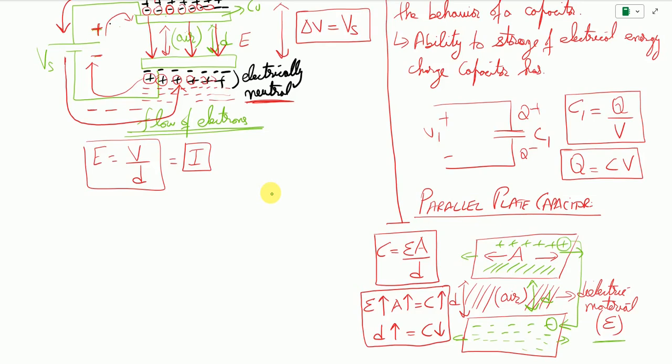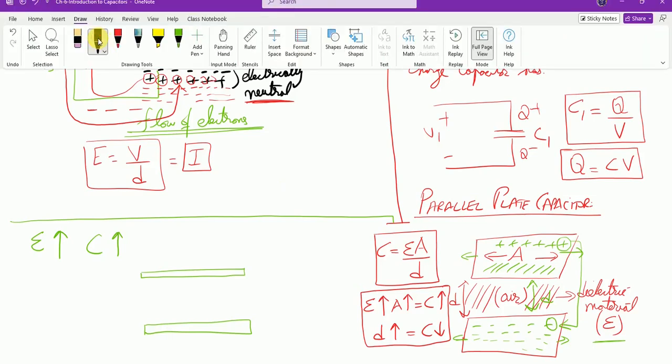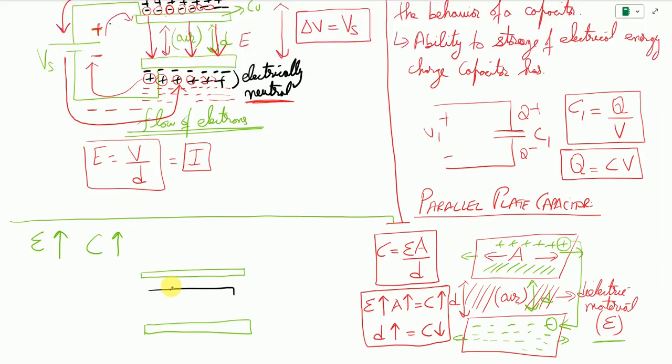How is it going to happen? Let us look into the permittivity aspect of it. If the permittivity, which is the material's property, is increased, the capacitance is increased. Let us assume we have these two conducting elements, and in between I have a dielectric material. So what is a dielectric material? If we talk about the permittivity, you might have read about its value.